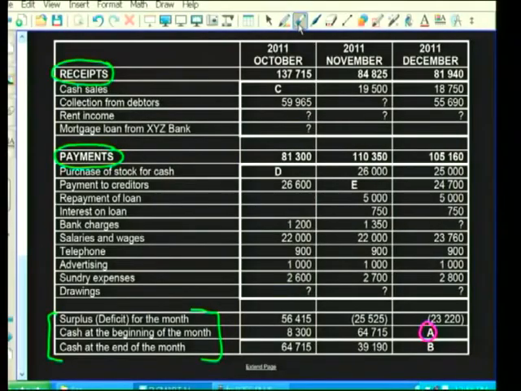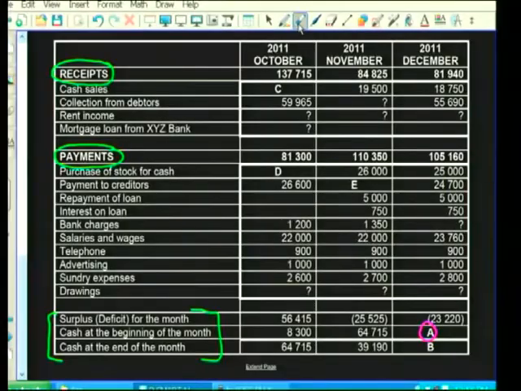Now remember, let's look at what A represents. A represents the cash at the beginning of the month for December. In other words, how much money are we expected to have in our account on the 1st of December? The beginning of the month would be the 1st of December.